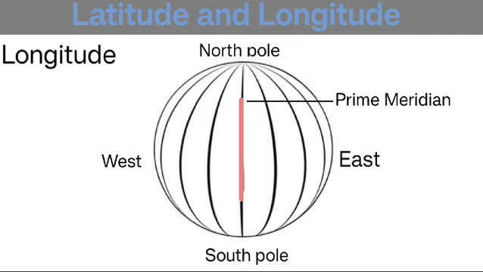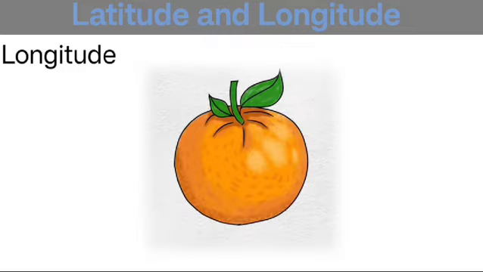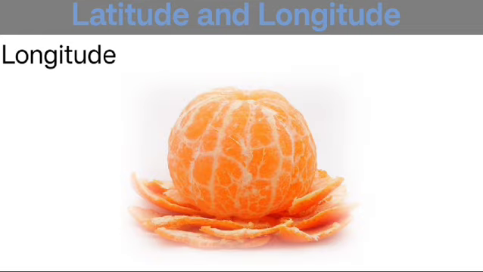Let's understand this with an example. Now tell me, what is this? Yes, this is an orange. Now we will peel the orange. This is what it looks like after peeling an orange. Now imagine the Earth is like a big orange.